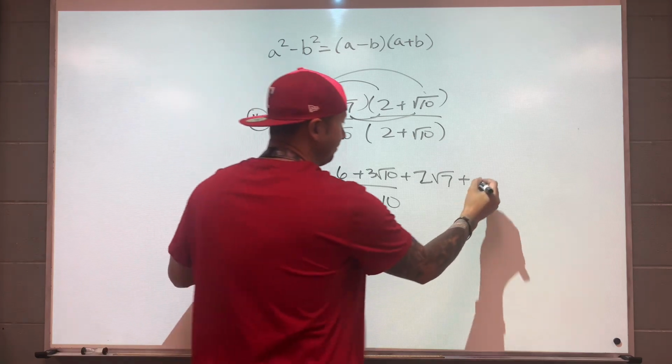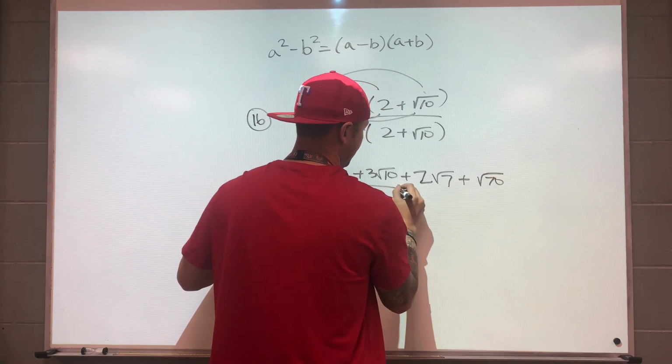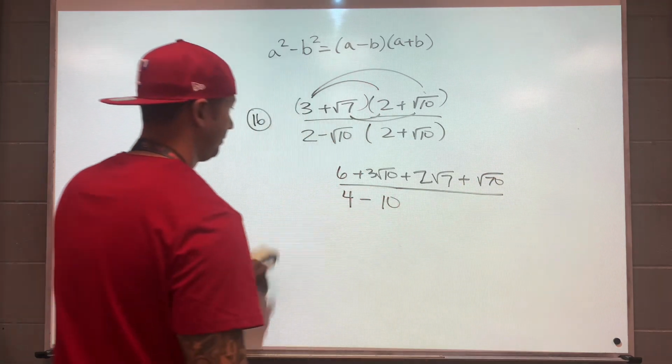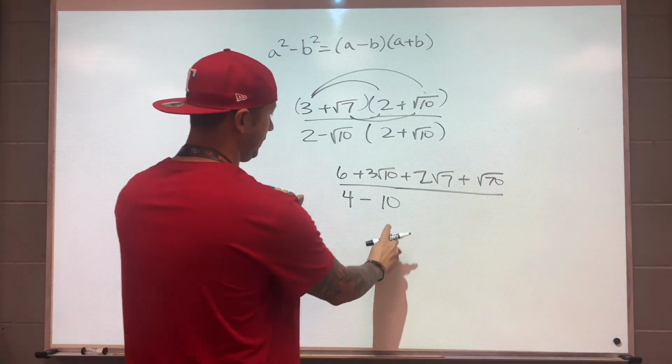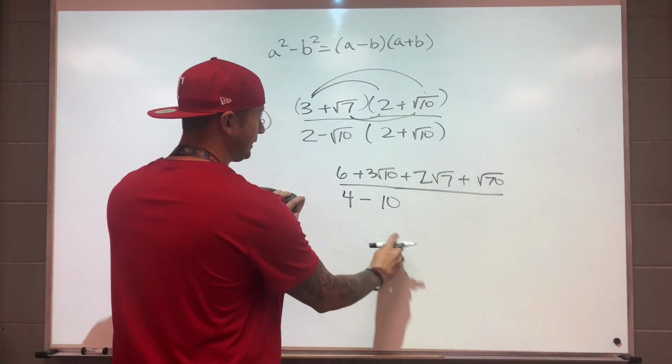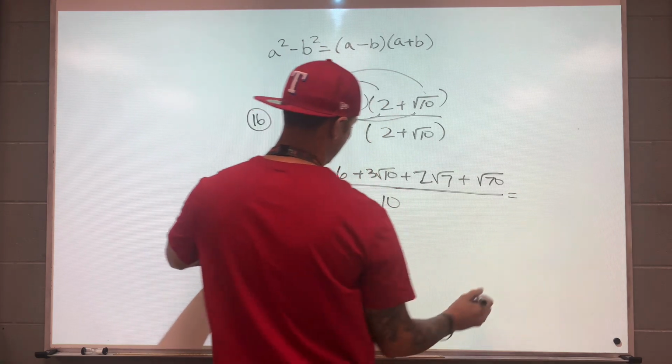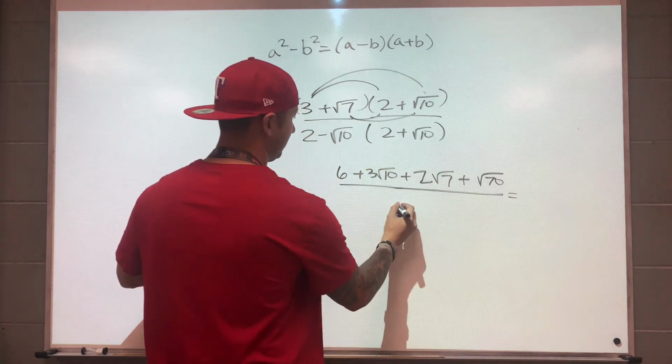Root 70. Then this is going to be 4 minus 10, which is negative 6.